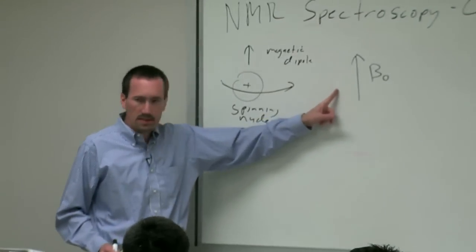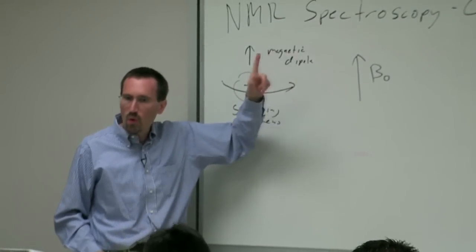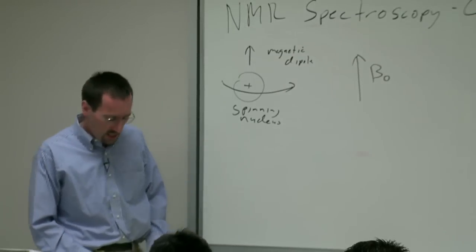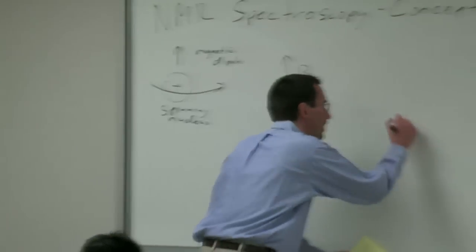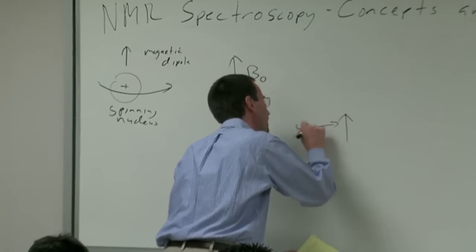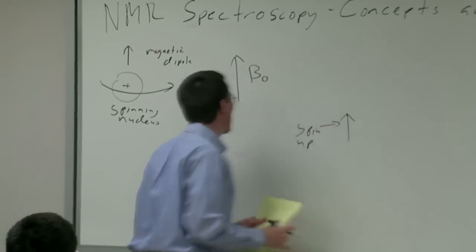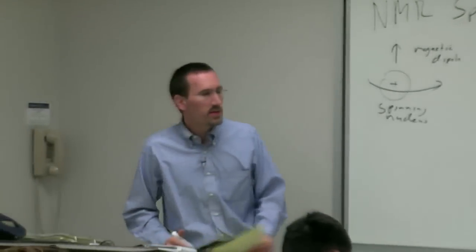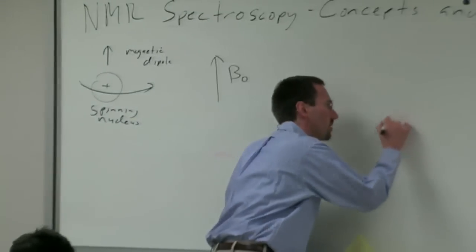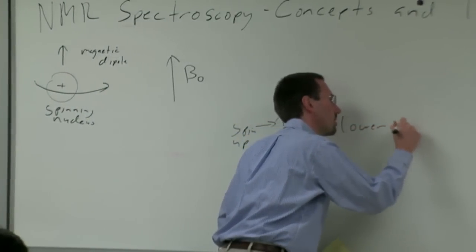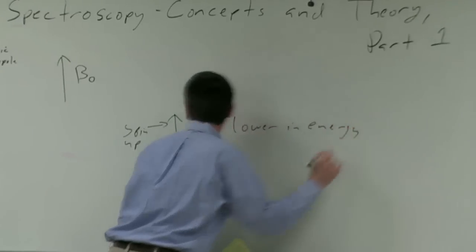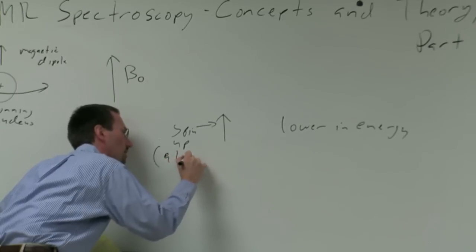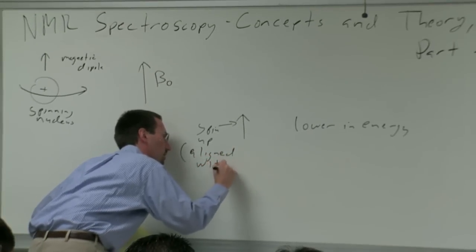You have two spin states that can exist, quantized spin states. The spin of the nucleus can either be spin up, so if it's spin up, in other words, in the same direction as the applied magnetic field, then this is going to be lower in energy. By up, I mean aligned with B0.